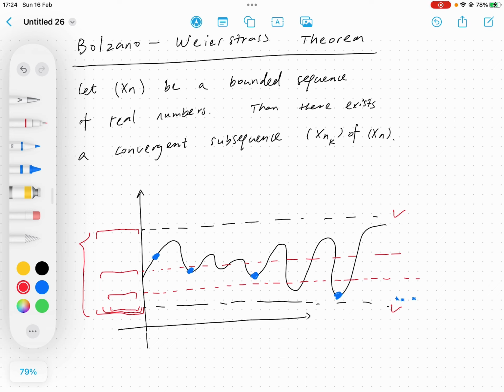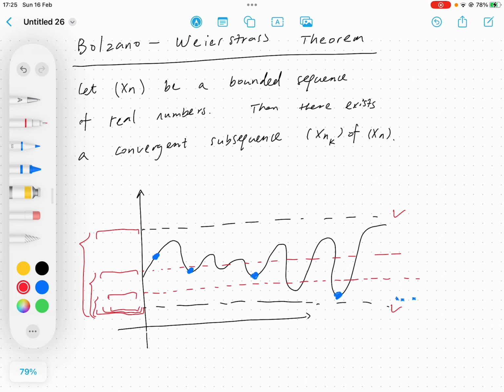Then we can split the whole one into two different closed sets. Then we focus on the part that has to contain some part of that convergent subsequence. We can keep doing that, splitting again and again. Then we can use the nested interval theorem.